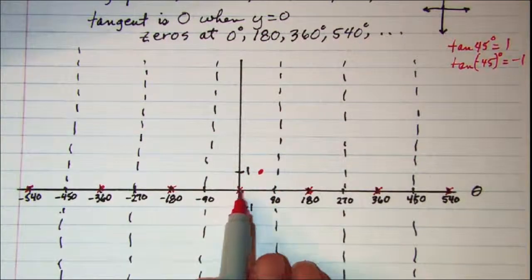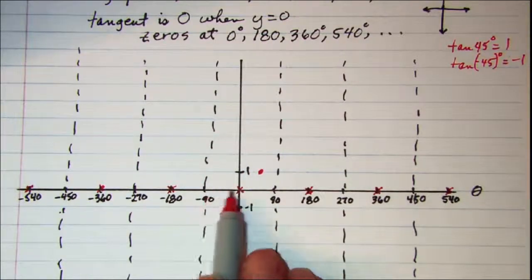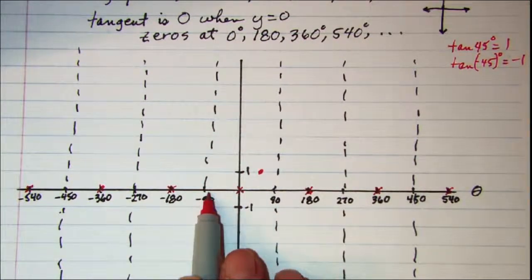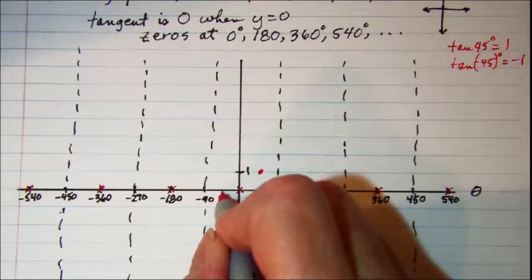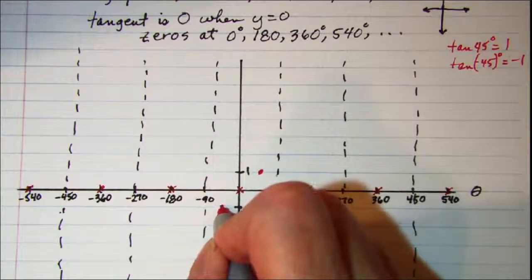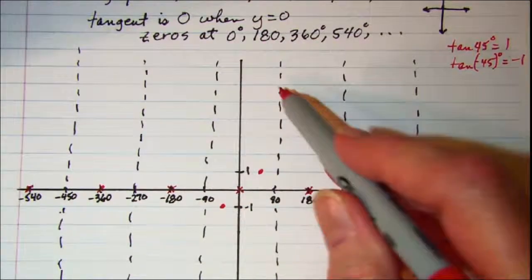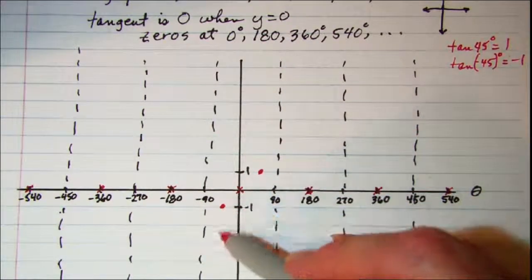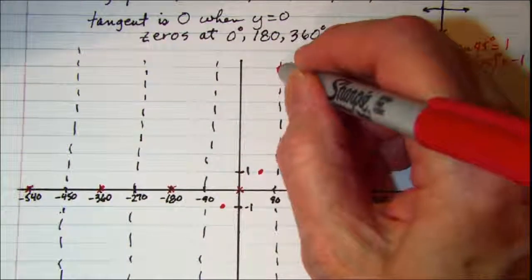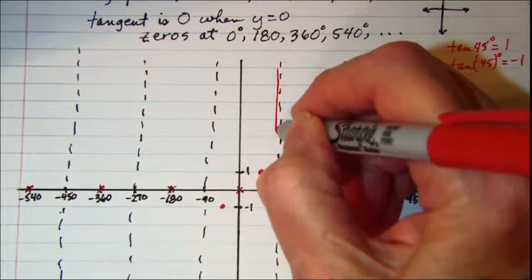And then halfway in between 0 and negative 90 is our negative 45, and the value of the tangent function at that angle is negative 1. So we have an asymptote, and we have to go through these 3 points. So our tangent function looks like this.